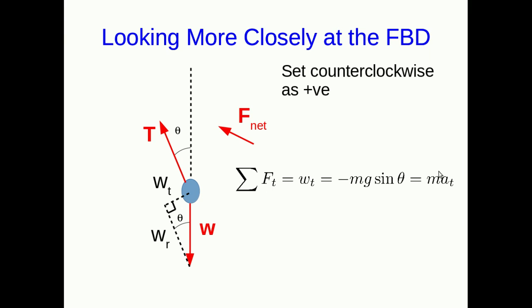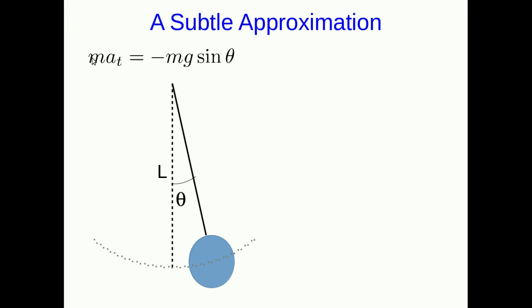So here's my Newton's second law for the tangential component. It's just ma is negative mg sine theta. And we could write down the radial components, but who cares? It's not going to be important to us, so I'm not going to bother. Okay, so there's our Newton's second law. ma is negative mg sine theta, and these m's are going to go away in a moment.